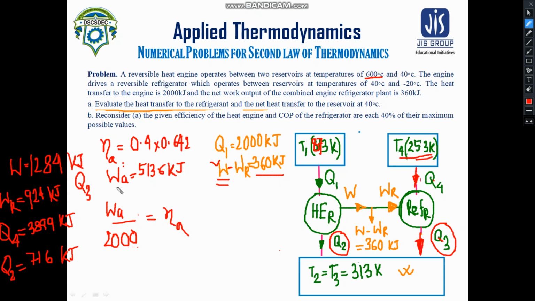So the actual work done can be found as 513.6 kilojoules. Since this relationship still holds, now we can calculate WRA as 513.6 minus 360 kilojoule, which will give you 153.6 kilojoules.